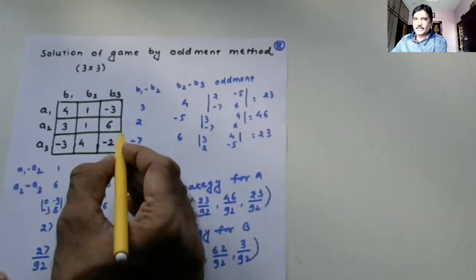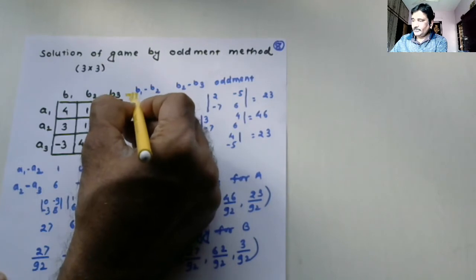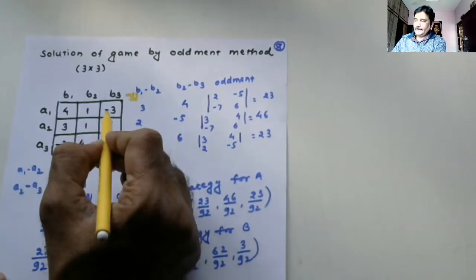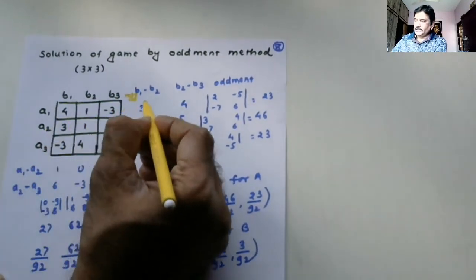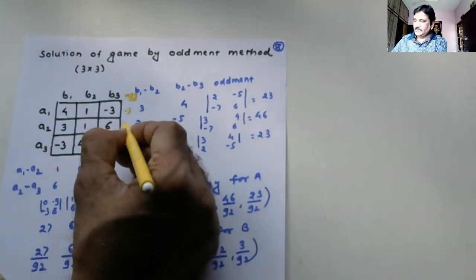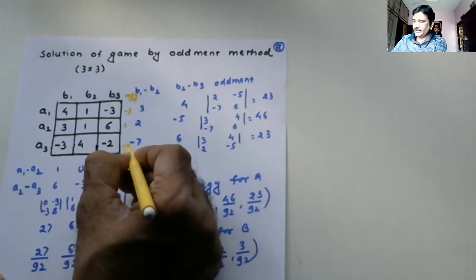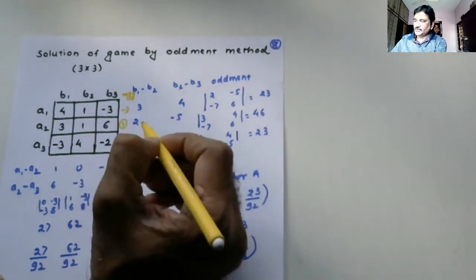So minimum guaranteed gain, here we forgot to find it. For this row it is -3, then for this it is 1 and for this it is -3 again. So the maximum of these is 1.